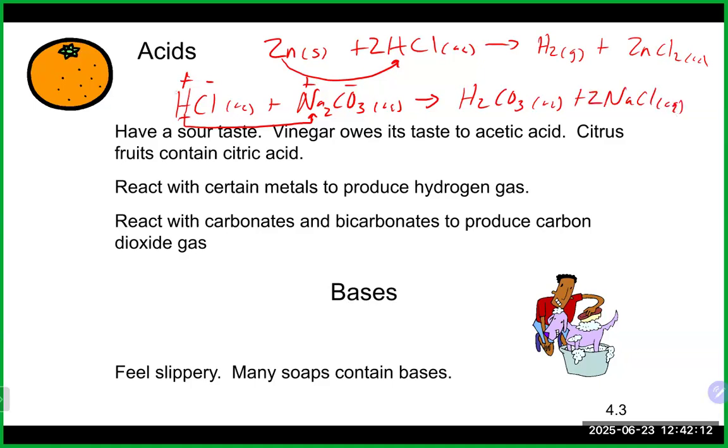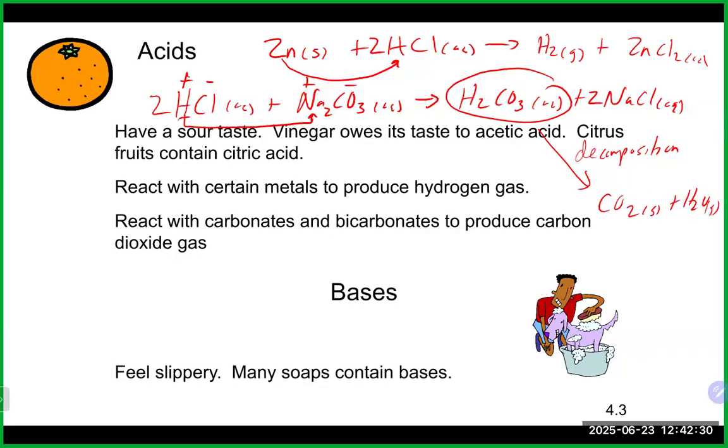A little bit of a 2 there, a little bit of a 2 there. And as you may also remember, perhaps the carbonic acid here will quickly go through a decomposition reaction and make CO2 and water. Yeah. So that very quickly breaks apart and makes CO2 and water.